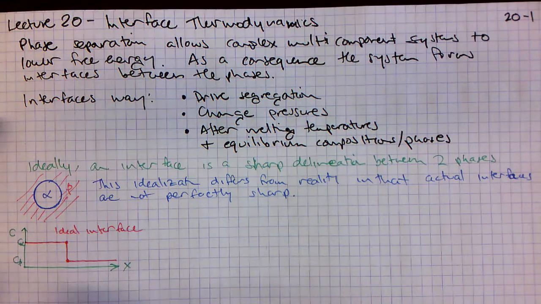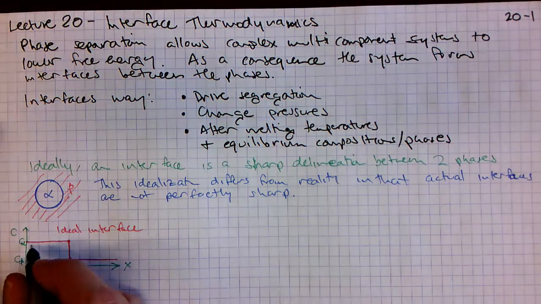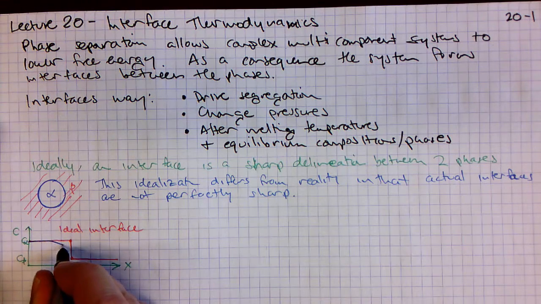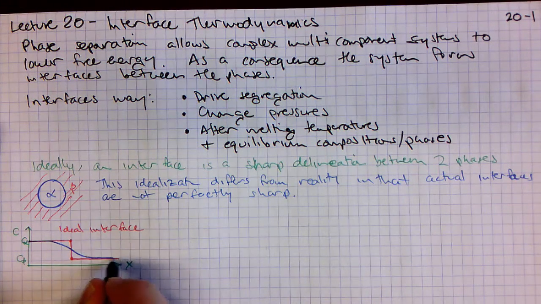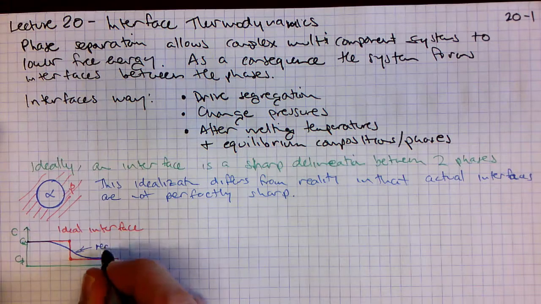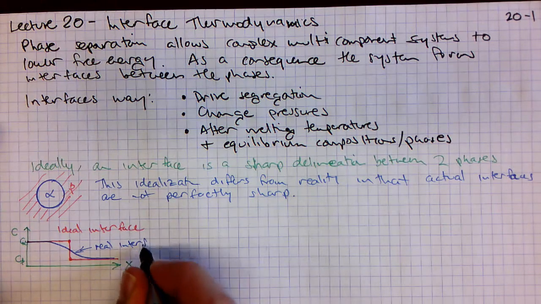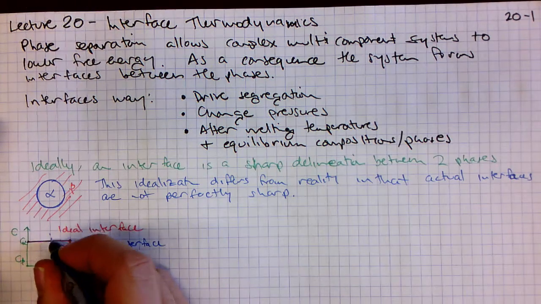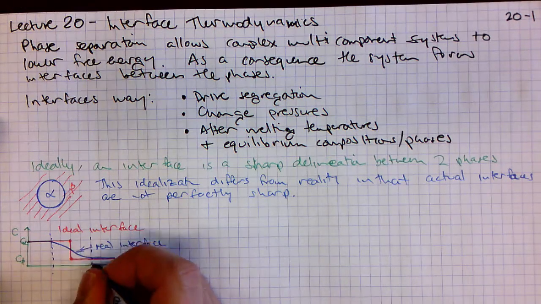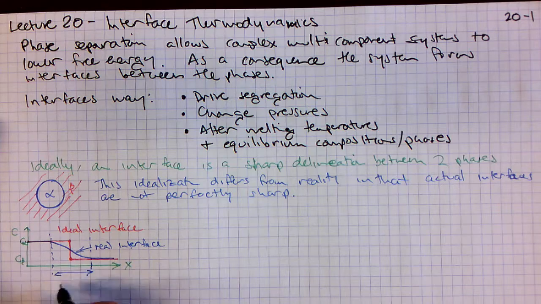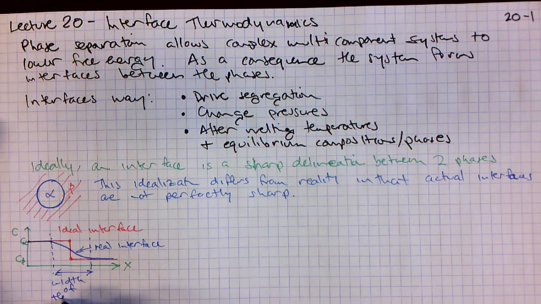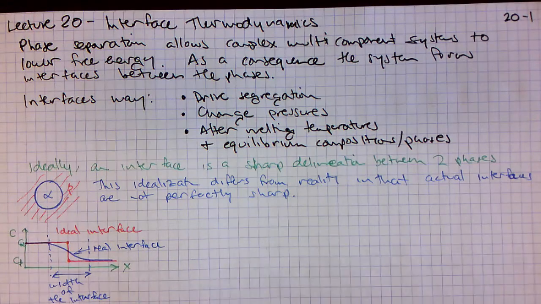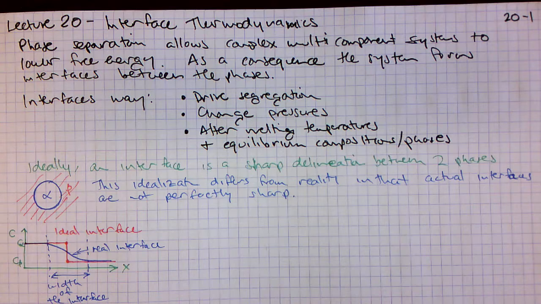But a real interface actually might look more like this. That over some length scale, the composition crosses over, and actually it's within some width. So this would be like the width of the interface that we have a variation of material properties.